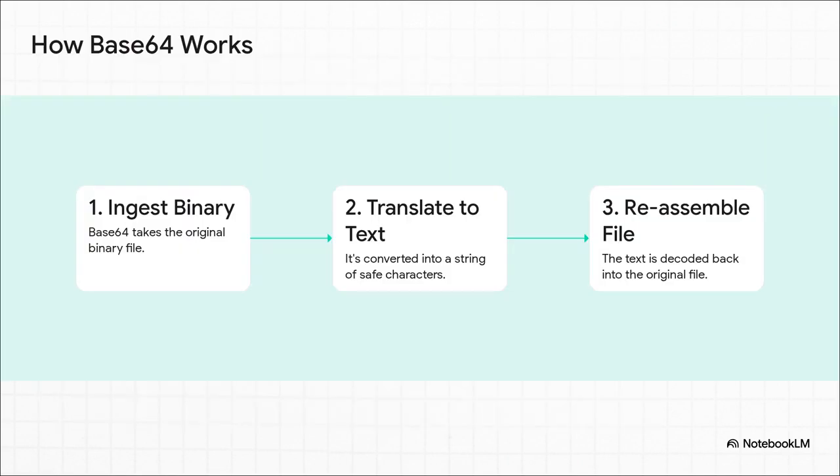At a high level, the process is surprisingly simple. First, Base64 takes in the binary file. Then, it converts all that complex data into a long string of text using just 64 pre-approved, totally safe characters. And finally, once it gets to where it's going, the system on the other end just reverses the process. It decodes the text right back into the perfect original file. It's basically a flawless translation service.